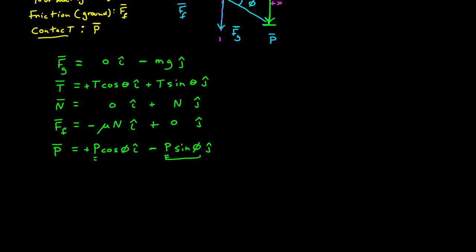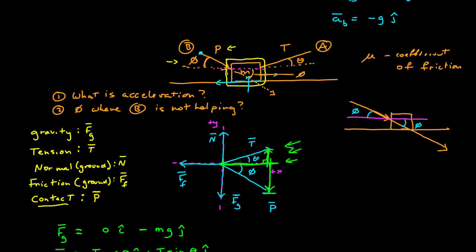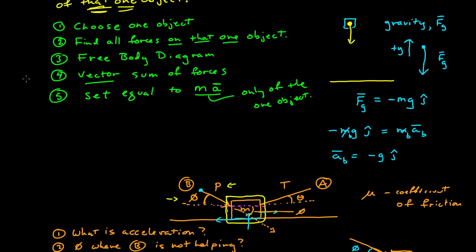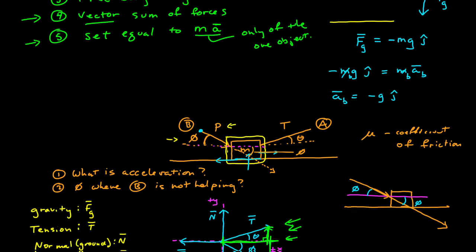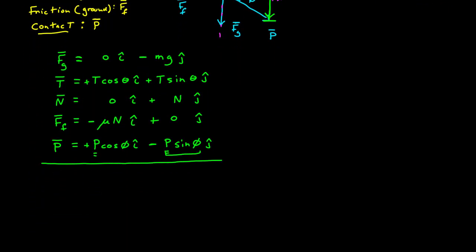All right. So now, setting it up in this way, there's a number of ways to do this, but I find this particularly transparent. Now, the next step, what we're working on right now, is the vector sum of the forces. And the vector sum of the forces is set equal to the mass of the object times the acceleration of the object.